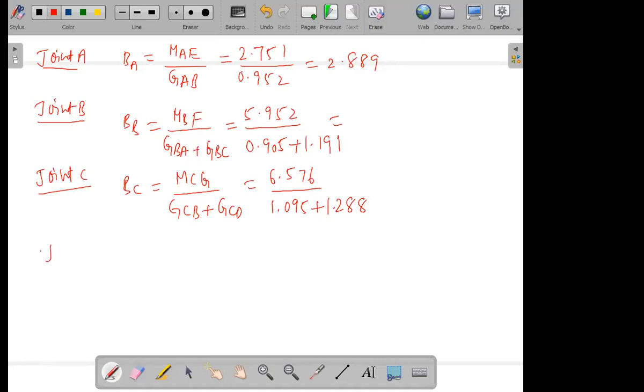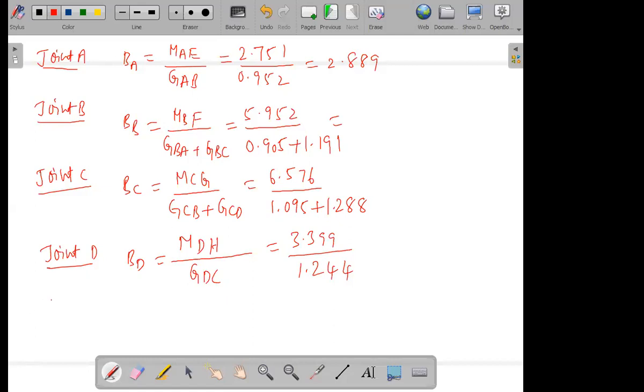Similarly, joint D. There you will get bD. So MDH divided by GDC. Here 3.399 divided by 1.244.